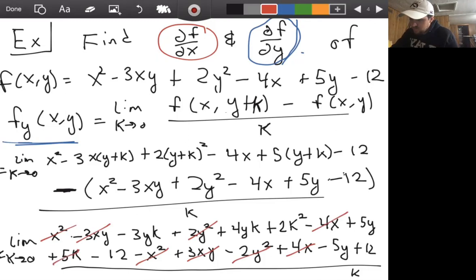Plus 5y minus 5y, minus 12 plus 12. And I believe that's it. Yes. So what are we left with? We're left with negative 3yk plus 4yk, right?